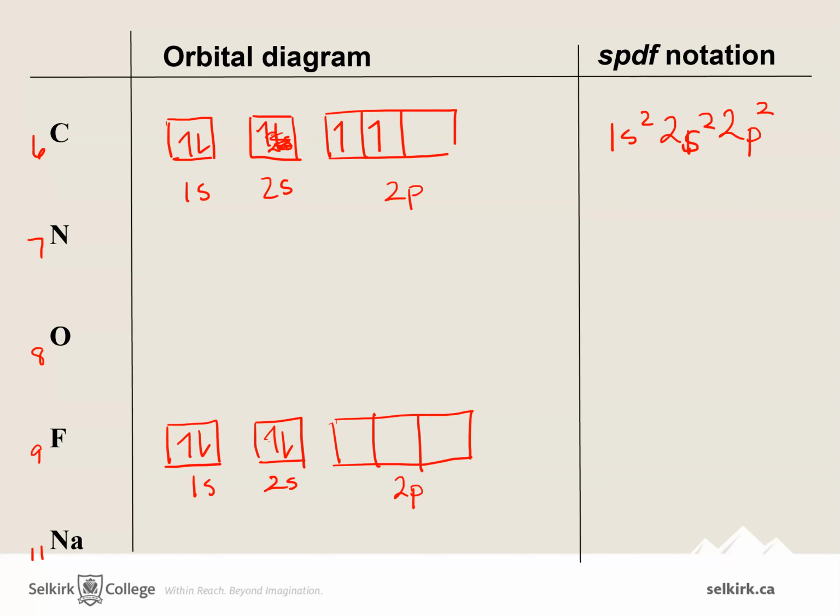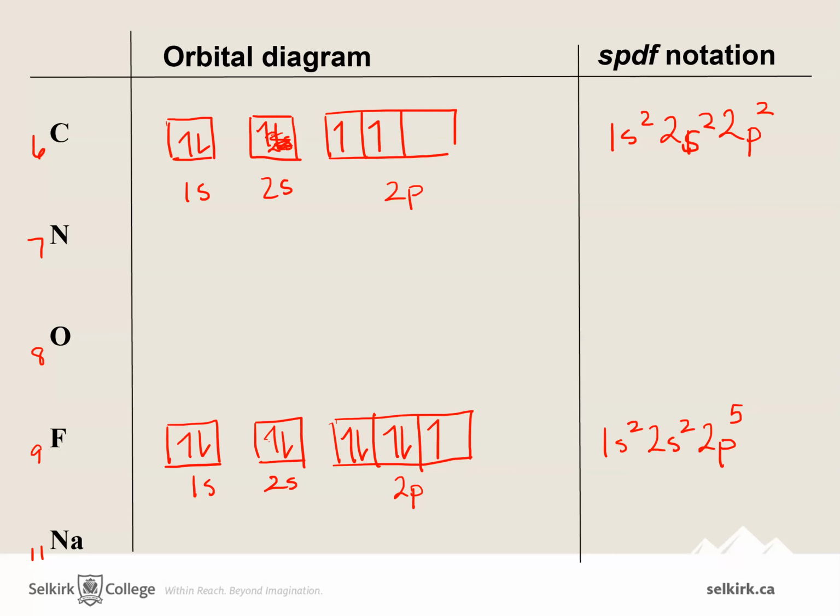I stopped counting at 4, 5, 6, 7, and now that I've half filled the sublevel, I can pair it up. 8, 9. SPDF notation for fluorine: 1s2, 2s2, 2p5.